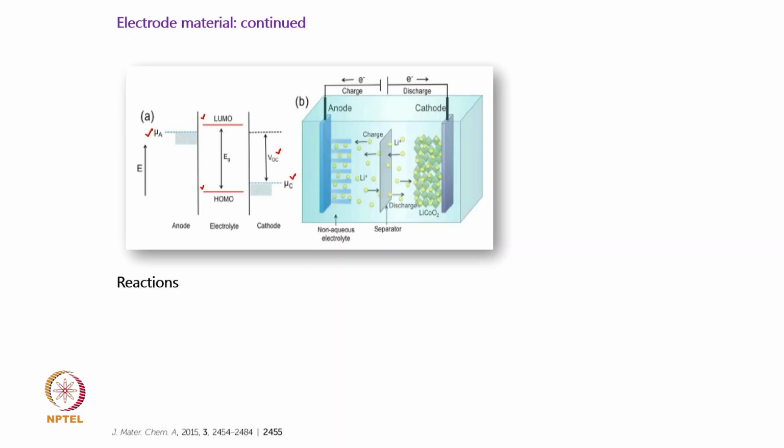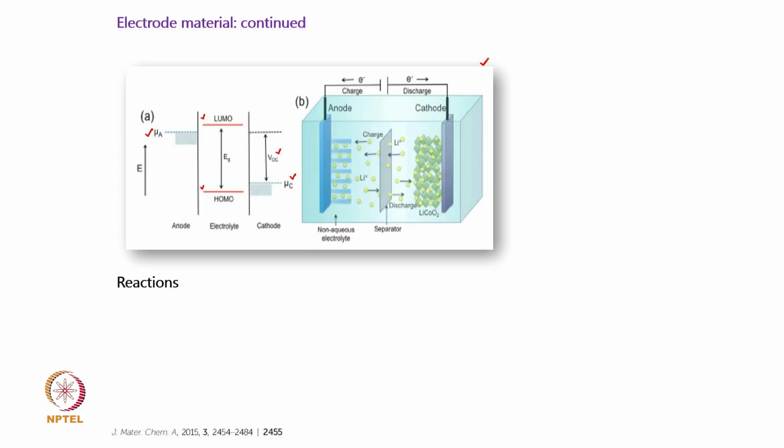So, when we place cathode, anode, electrolyte and separator and make a lithium ion battery, it works on the principle of intercalation and de-intercalation of lithium in the different electrodes, that means in the cathode and anode.